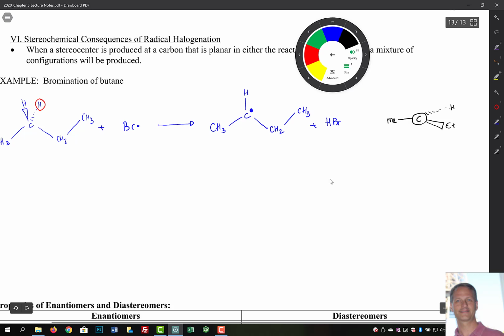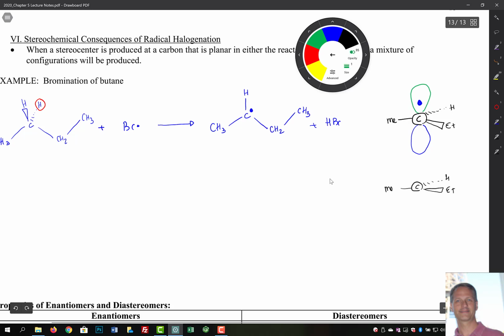Okay, and now when we put this on its side, we're going to have a p orbital here. Now that p orbital, if you remember, is going to have an electron hanging out up here. And remember, it also can have the electron in the lower lobe too, right?